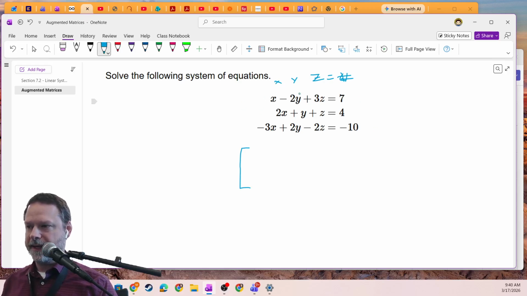It has to be set up this way. One column's the x's, the next column's the y's, the next column's the z's, and then on the other side we have the equals numbers. Then we can manipulate our matrices, and it's exactly like manipulating our equations.